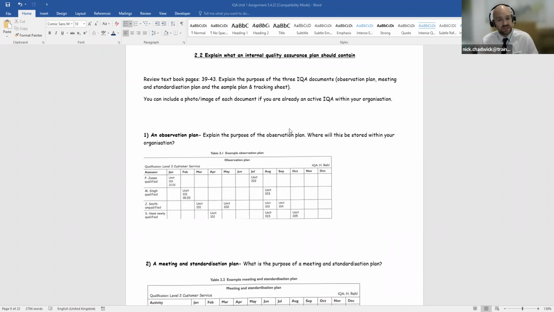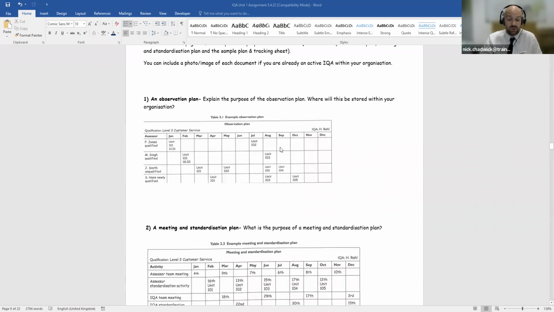To meet this criteria, I would like for you to briefly explain the purpose of each one. Explain the purpose of an observation plan, and also mention where this will be stored within your organization. You could explain how often your assessors or trainers will be observed as well. You can include any photos and images of your three plans.